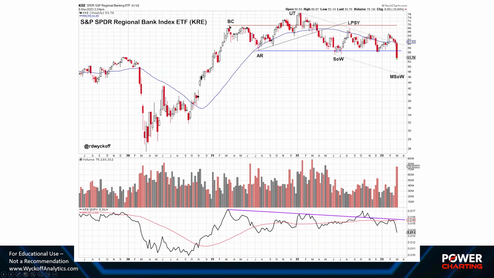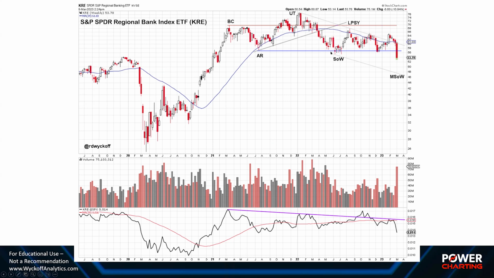And here we have what appears to be a distributional structure that goes back to early 2021. So we have a buying climax, automatic reaction, upthrusting action here and here, which immediately is reversed back down into this area, which is not a good sign. Note, this decline is less in duration and extent than this decline. We watch for things like that.